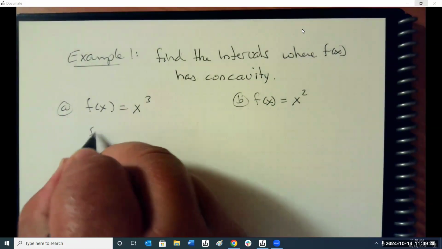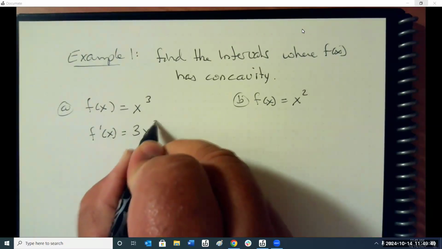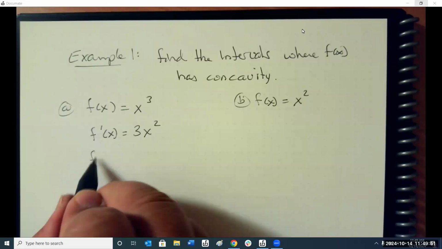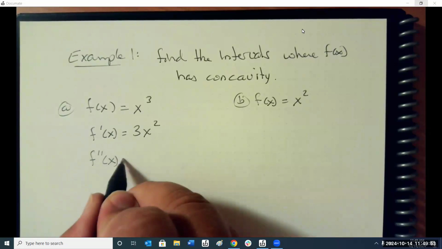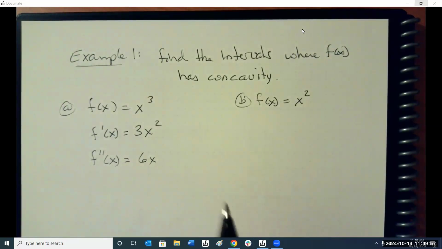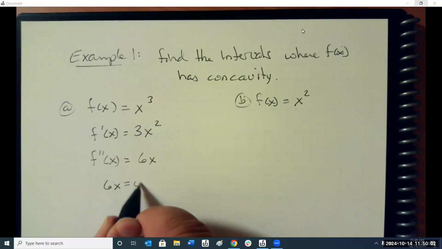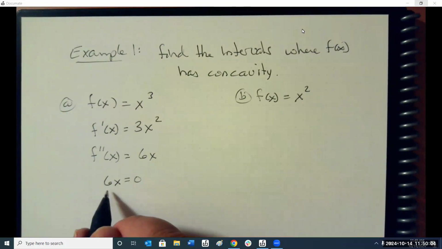So the first thing we do, we take the first derivative. Then we take the second derivative. For concavity, it's always the second derivative. Set that equal to 0.